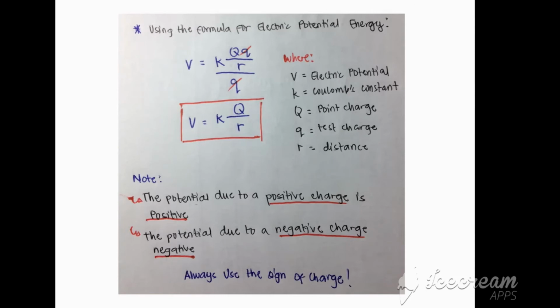Unlike our previous lessons on Coulomb's law, where we usually disregarded the sign of the force, for electric potential energy and electric potential we need to use the sign. If it's negative, negative. If it's positive, positive. So we have to write it down when we compute it.